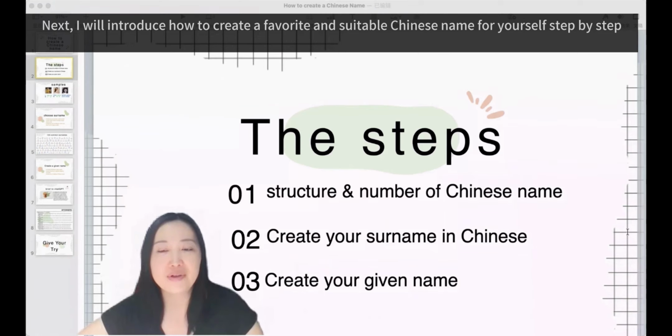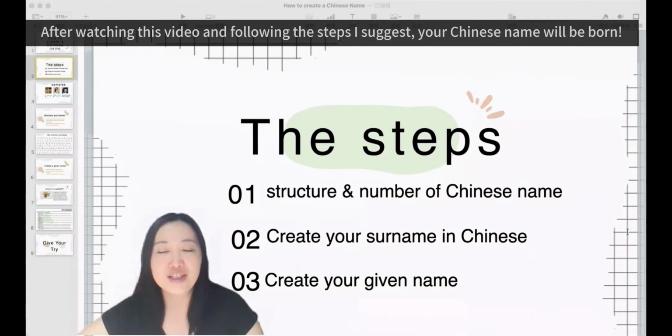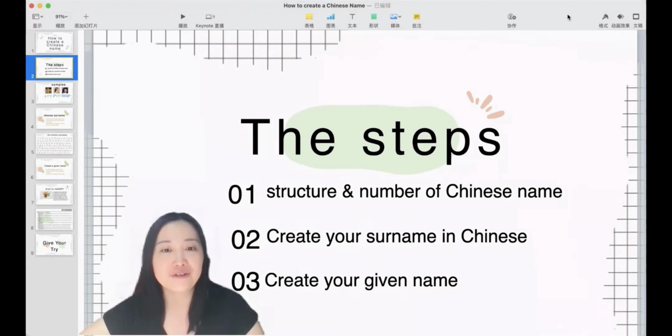So next, I will introduce how to create a favorite and suitable Chinese name for yourself step by step. After watching this video and following the steps I suggest, your Chinese name will be born. So firstly, I will talk you through the structure and the number of Chinese names and their differentiation with the English names.